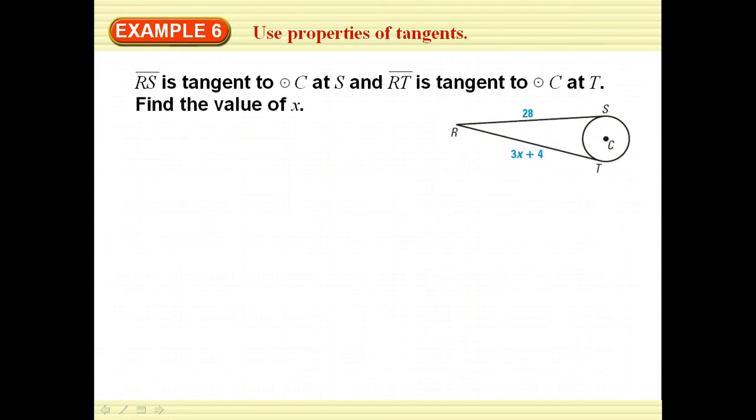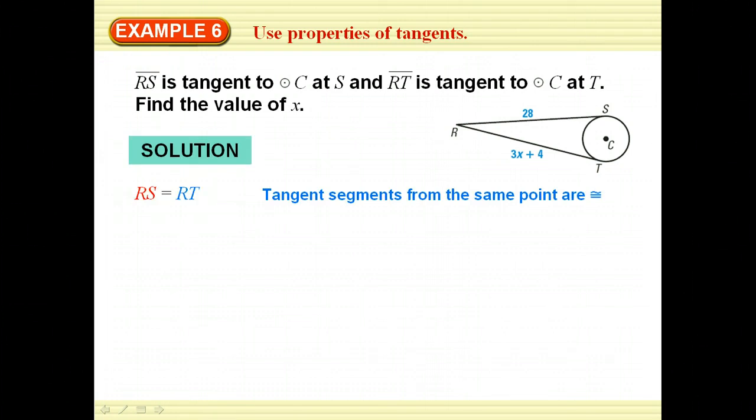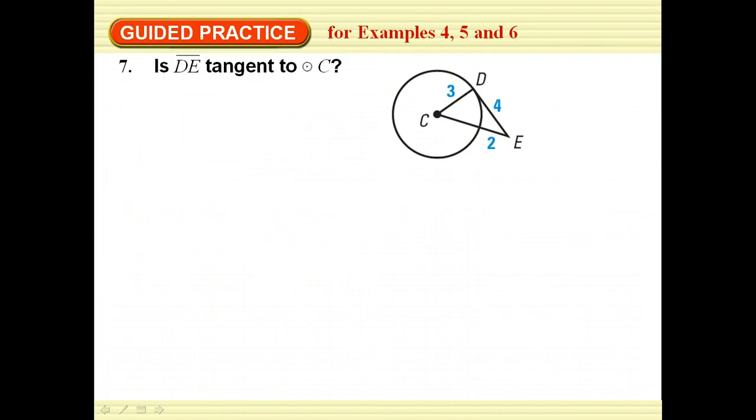If I know that S and T are tangent points, RS is tangent at S and RT is tangent at point T, then I can find that value simply by setting them equal to one another, substituting in, and solving my equation. So how are we going to do this one?